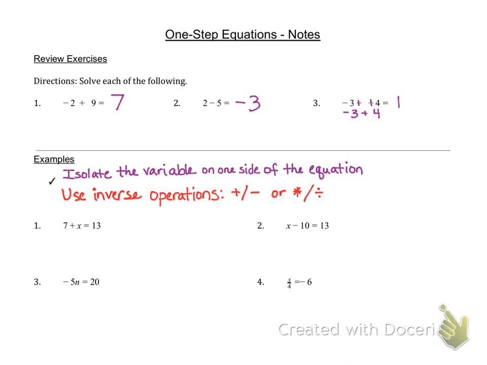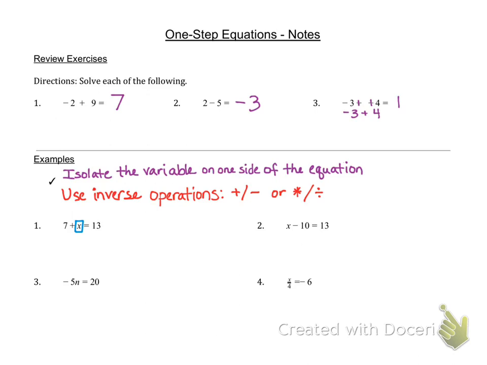Alright, let's look at number 1. So we have 7 plus x equals 13. Well, we want to isolate the x right here so that it's the only thing on the left side of the equation.